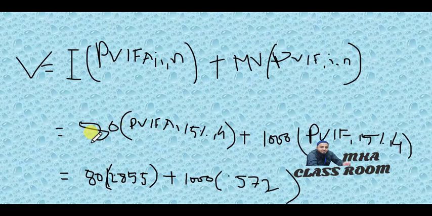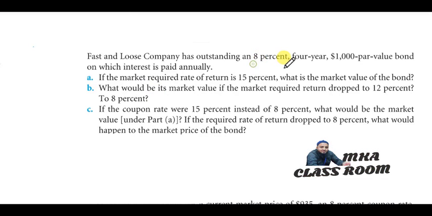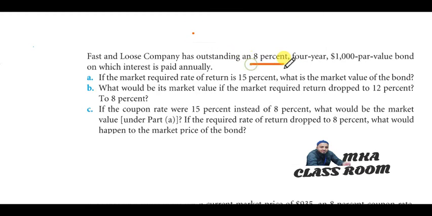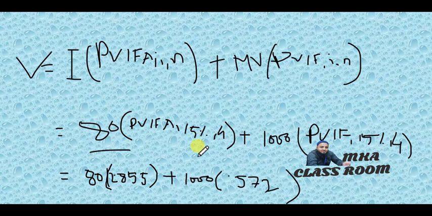So here our 8% coupon means yearly 8% into 1000, that is 80 taka, its payment.